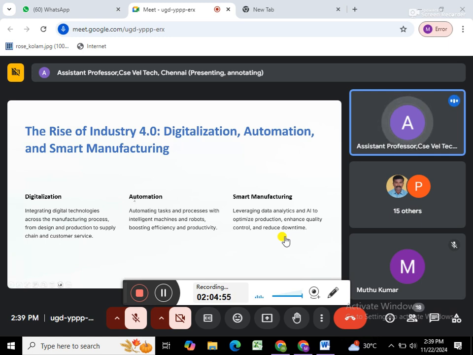And automation. Automation is again one of the very emerging domains during Industry 4.0: automation of tasks and processes with intelligent machines as well as robots, boosting efficiency and productivity. That is also one of the key parameters for the growth of 4.0. Whenever we are doing automation tasks, it gives a lot of opportunity for productivity.